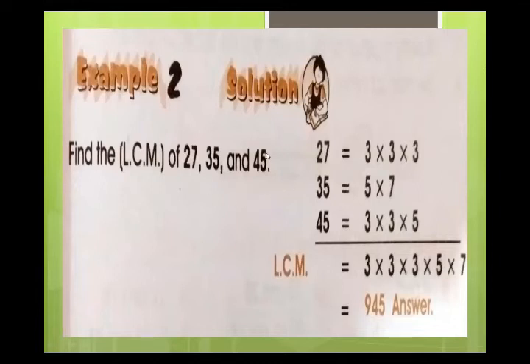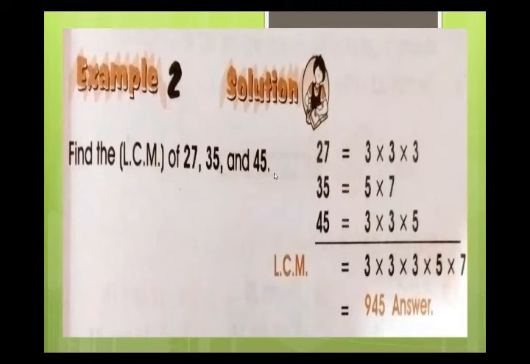So open your book to page number 27. In your book, there is an explanation of how we can pick the pairs if we have to find the least common multiple of three numbers.